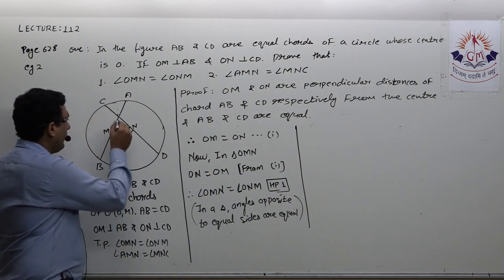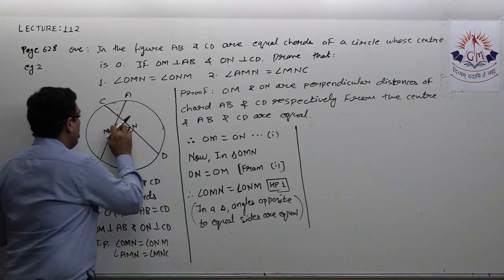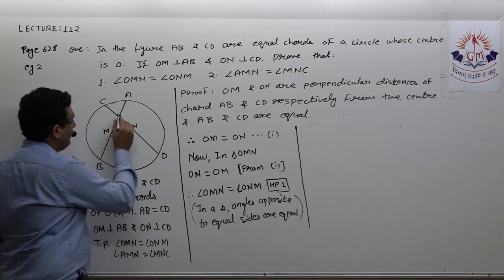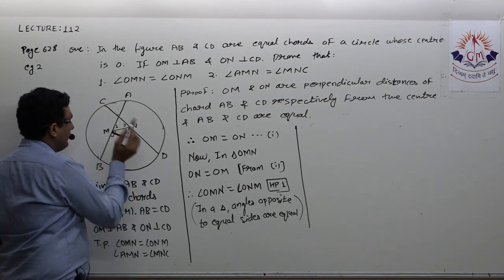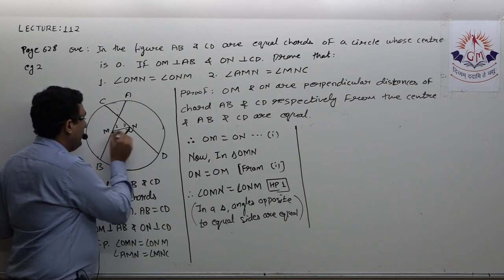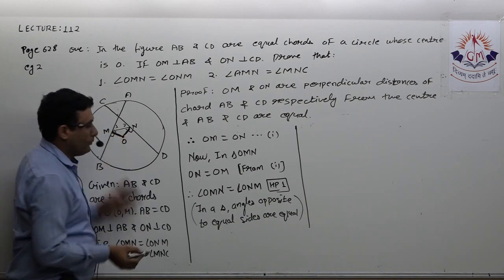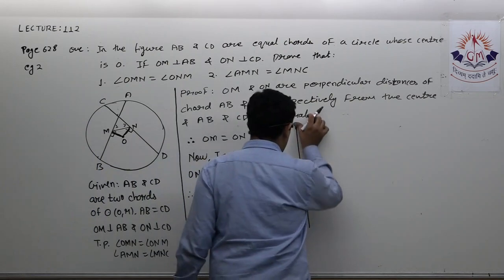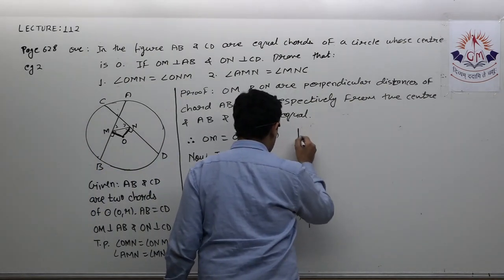Now next I have to prove angle AMN equals angle MNC. It's very simple. These two angles are equivalent, and the sum of these three is 180 degrees, so obviously angle 1 and angle 2 will be equal.